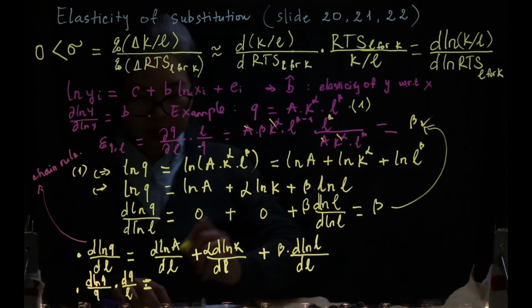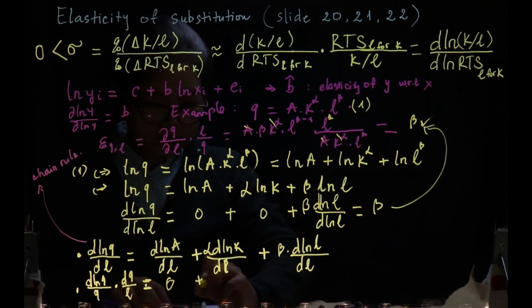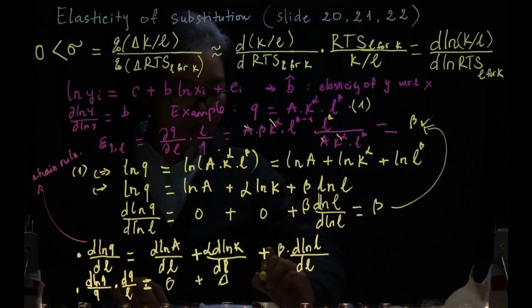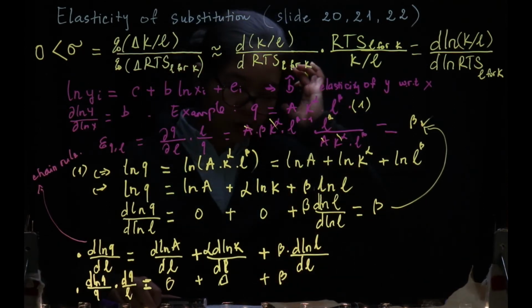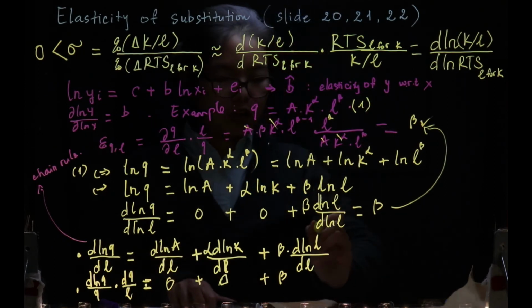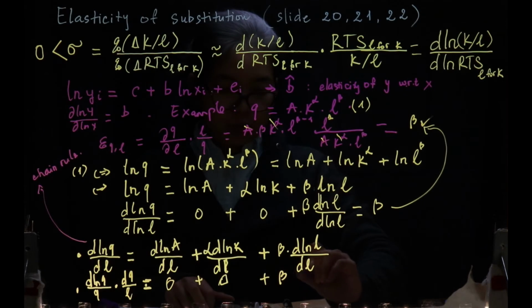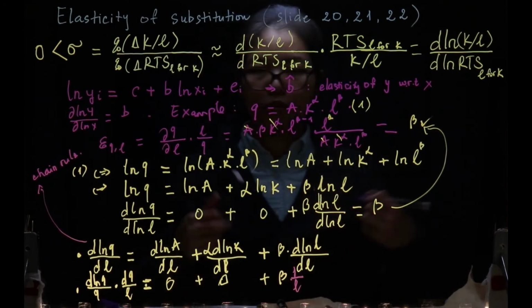For the right hand side, again, because A is constant, so it's 0. Similarly, there's no ln K, so it's 0. And beta. Remember, one rule of taking derivative of the natural log of a variable with respect to that variable is 1 over L. Right?